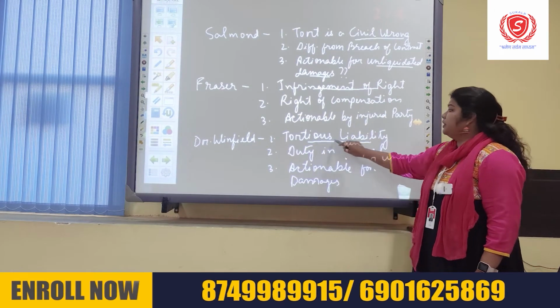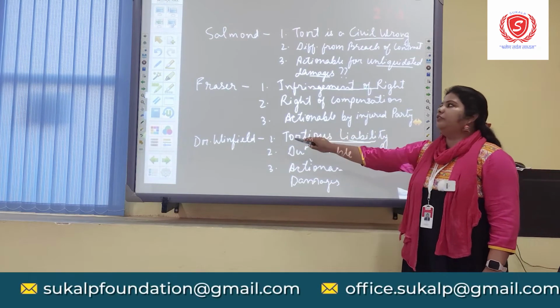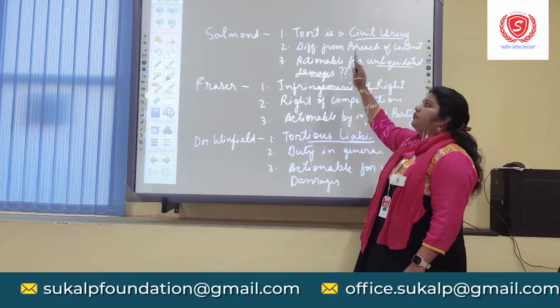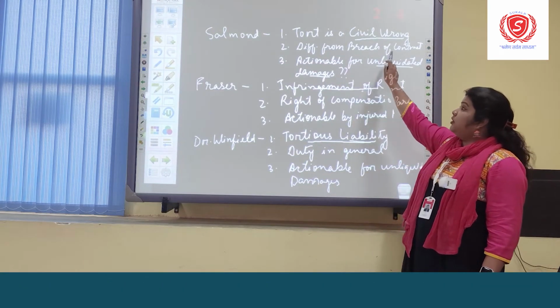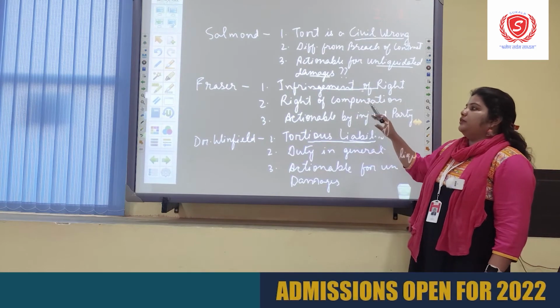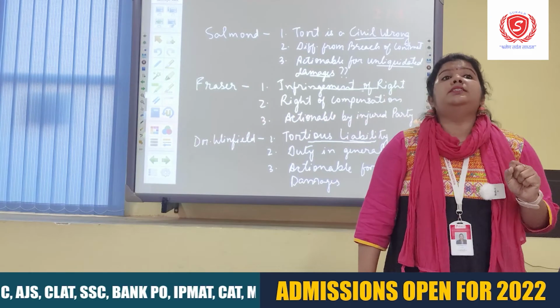Then you just look into the term which you had remembered. If it is tortious liability, then Winfield. Then if it is given as infringement of right, then Fraser. Then if it is given as civil wrong, then Salmond. Okay, so this is what makes the reading and understanding of the definitions easier.